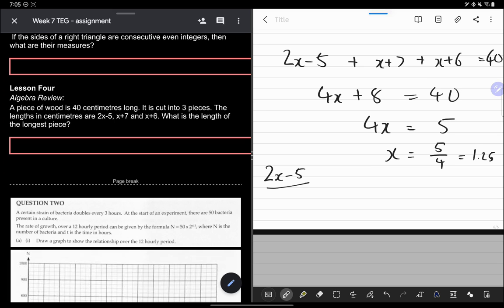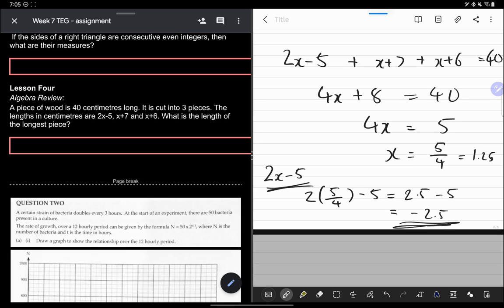If I chuck the value of x that we just found into this equation, it becomes 2 times 1.25, which is 2.5, minus 5, which becomes negative 2.5.